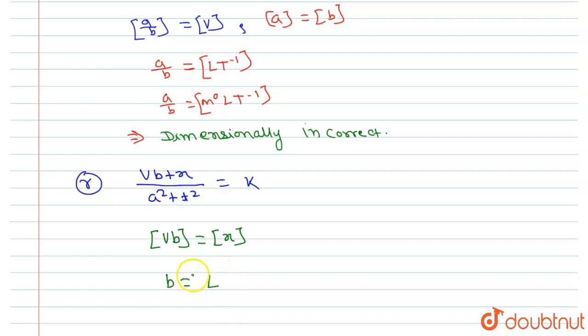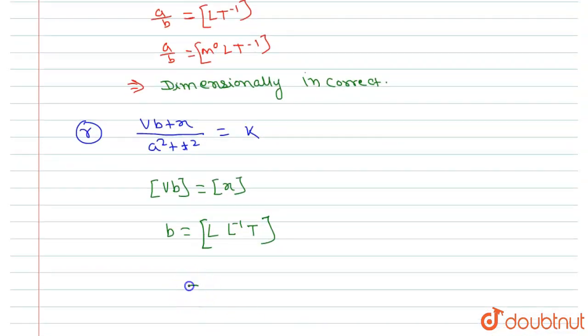So from here we can see that the dimension of B is equal to M0 L0 T1. So this is the dimension of B.